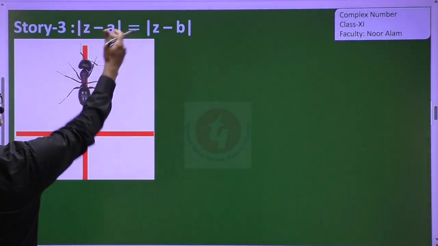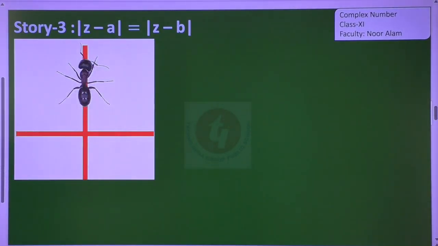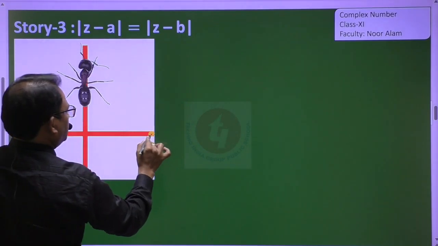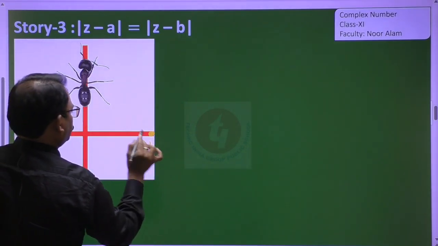Here one equation is given: mod of z minus a is equal to mod of z minus b. So what does it actually mean? Suppose that at this end is one fixed complex number a, and at this end another fixed complex number is b.